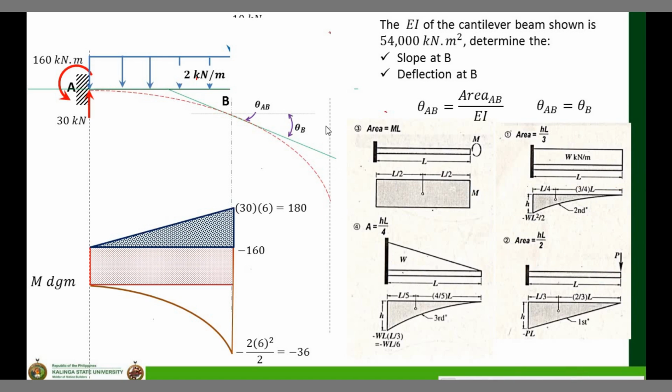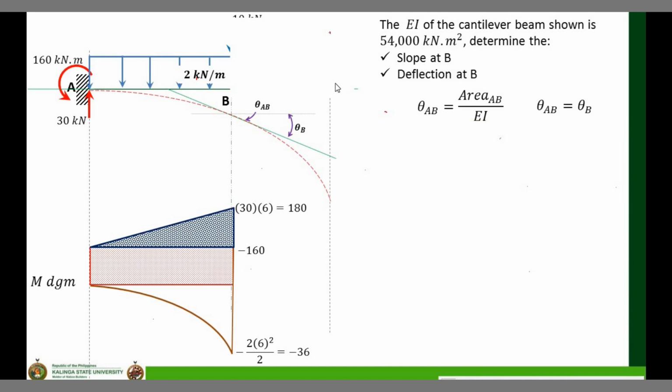This is not yet the final answer. Again, we are trying to get the value of your theta AB. Since nakuha na natin yung moment diagrams, I need to get the area from A to B. So, ilalabas ko daytoy 1/EI tapno hindi kasla complicated ang equation. Okay? So daytoy 1/2 times 6 times 180.